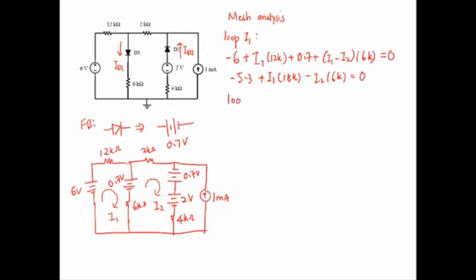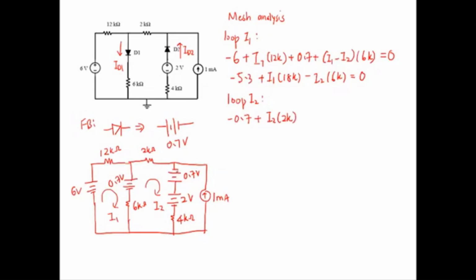Next we do loop I2. Let's start with the 0.7, diode one. The current is exiting from the positive, so this is negative 0.7, plus I2 times 2 kilo.